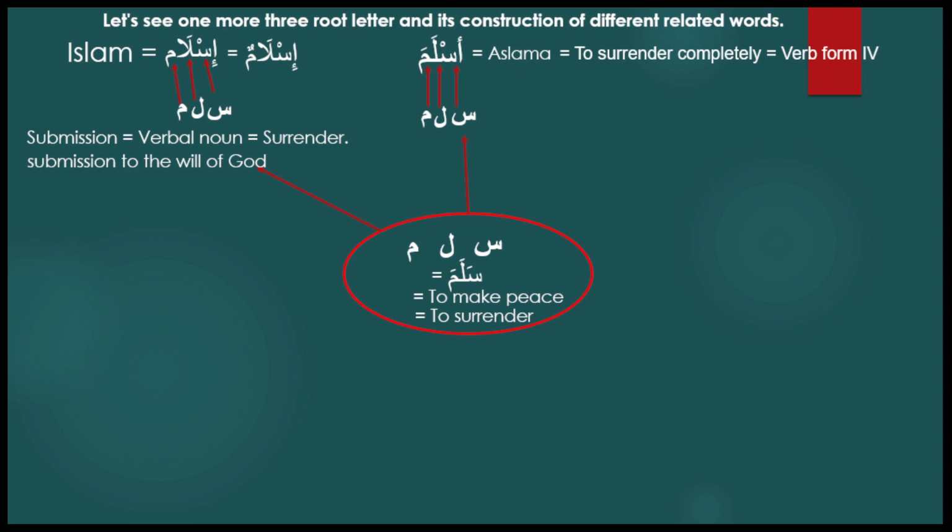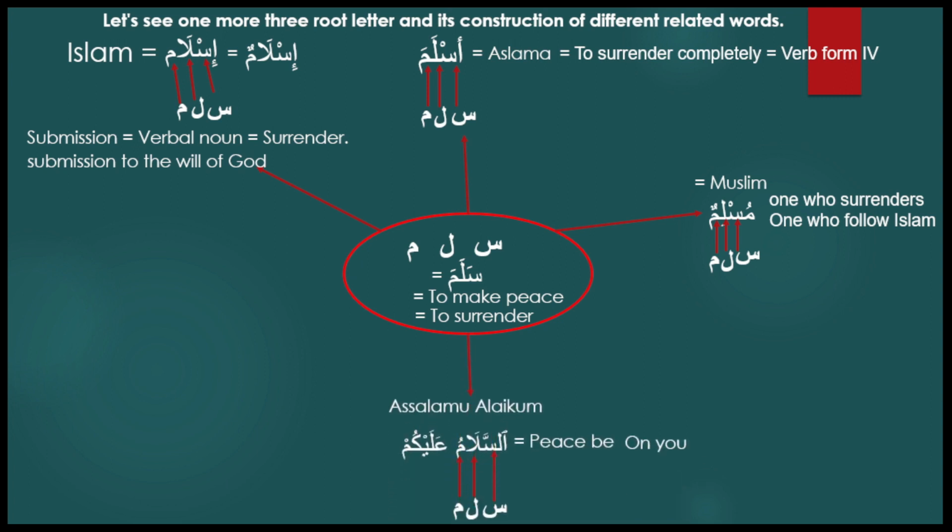This is Islam. We can see these three root letters in Muslim. Muslim means one who surrenders or one who follows Islam. We can also see the three letters in Assalamu alaikum, peace be on you. Assalamu alaikum also has sin, lam and mim.